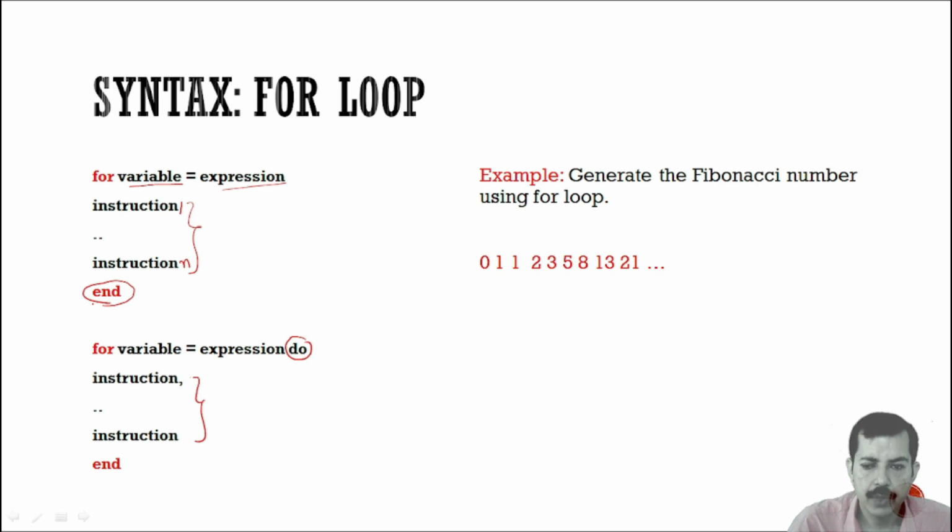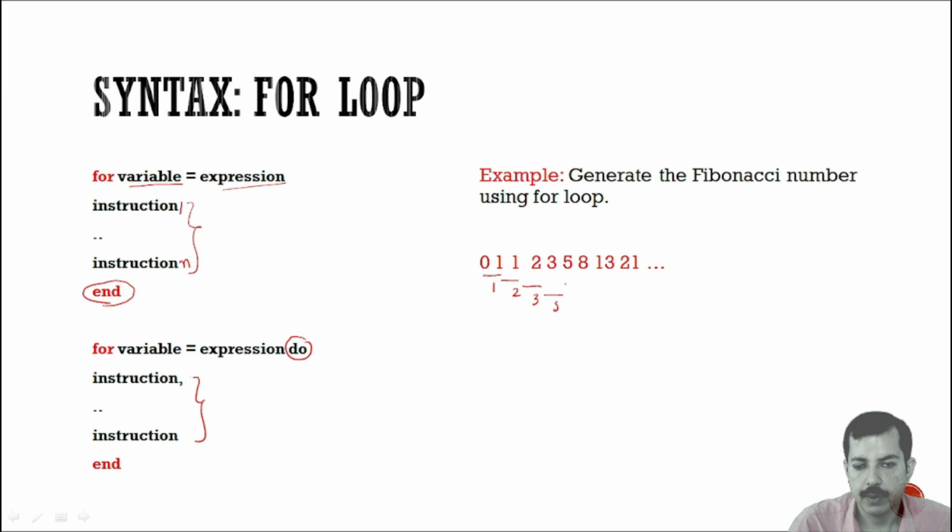Suppose I want to generate the Fibonacci numbers, and everyone knows about the Fibonacci numbers. First are 0 and 1, so these are the initial values. Now the sum of these two is 1, then 1 plus 1 is 2, 1 plus 2 is 3, again 2 plus 3 is 5.